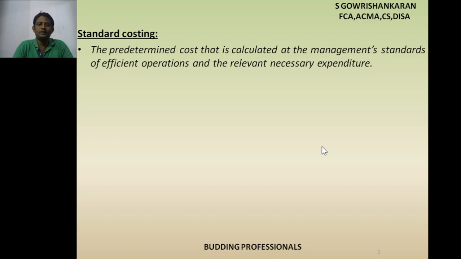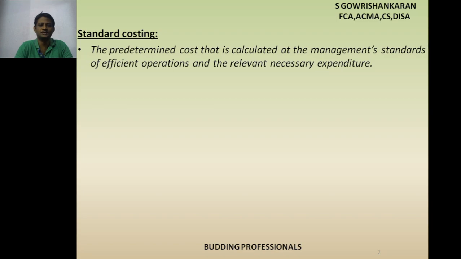The predetermined cost that is calculated at the management standards of efficient operations and relevant necessary expenditure. Okay, predetermined, I am determining in prior, I am planning in prior. That is predetermined cost. I am fixing some standard, and for that standard what is the cost, that is predetermined cost.